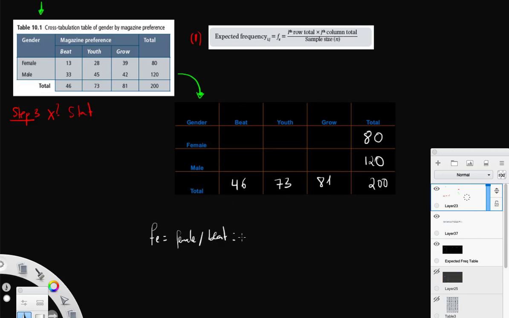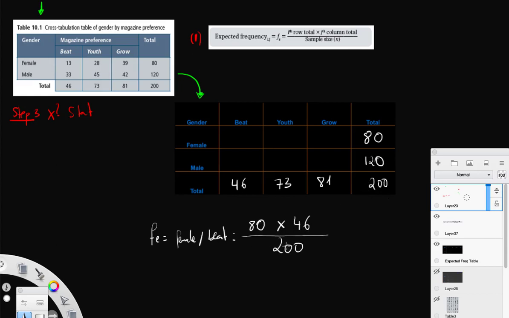What you will do now, you take the row total of female, which is 80, times the column total, which is beat, which is 46, and you divide that by the sample size, which is 200.